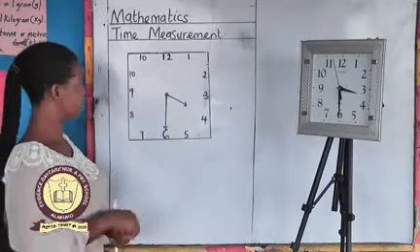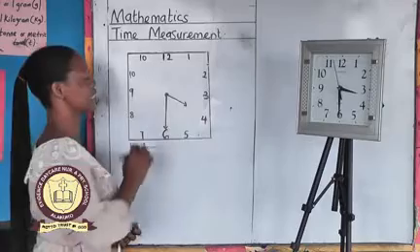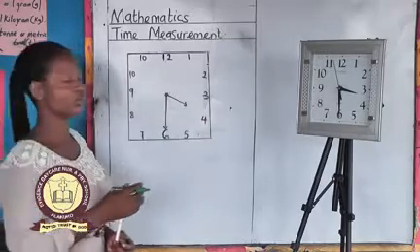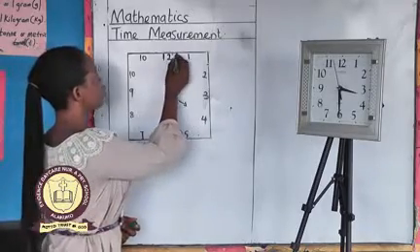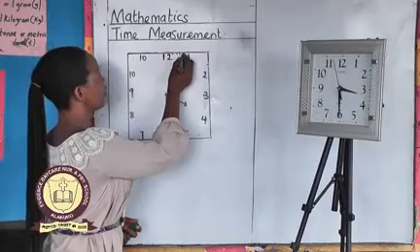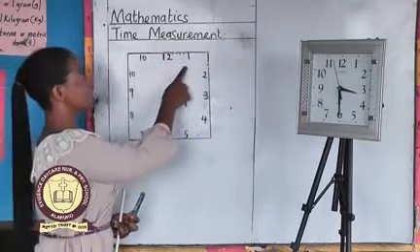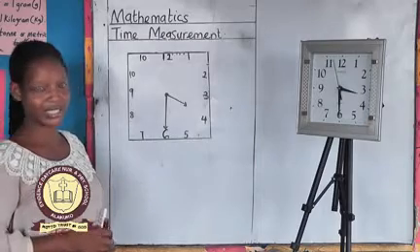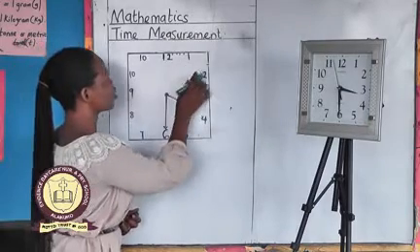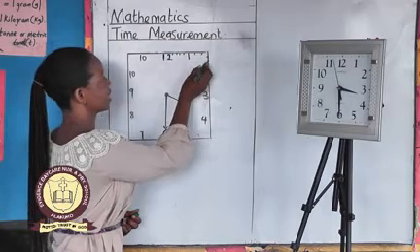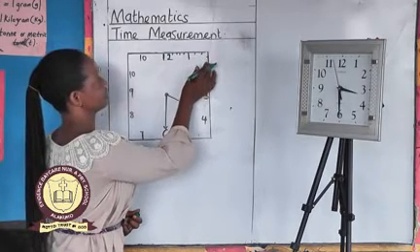What I said before, I said from your time, from here you have 5 lines at the middle. That is 1, 2, 3, 4, 5. So from this 12 to this one, you have 5 minutes. From this one to this 2, you have another 5, 6, 7, 8, 9, 10.